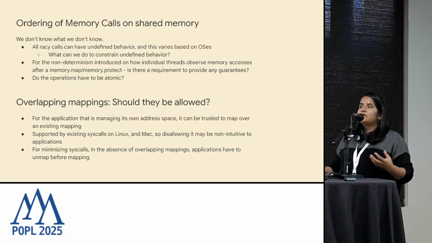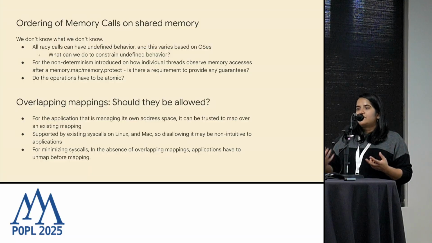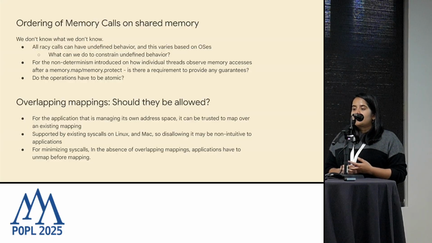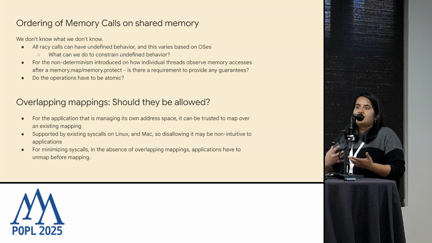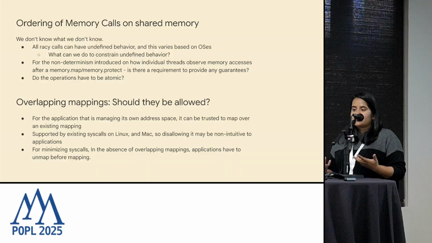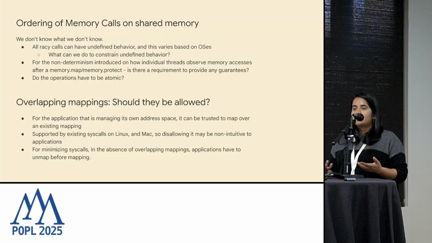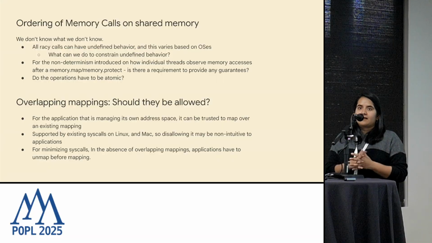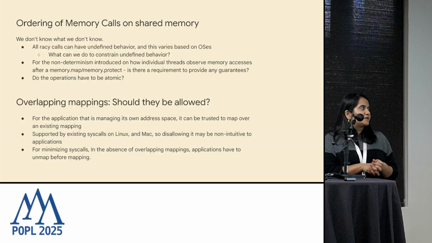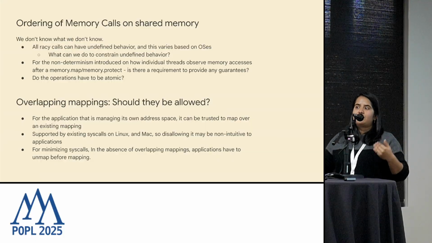And if you have a region of memory that's fundamentally inaccessible right in the middle of memory, it raises a lot of interop challenges as well. So what we've landed on now is that this is natively supported anyway for applications that are mapping into their own address space. It can be trusted to map over an existing mapping. This is supported by existing syscalls on Linux and Mac. So just generally disallowing it would introduce extra overhead because applications then have to unmap and then map again.